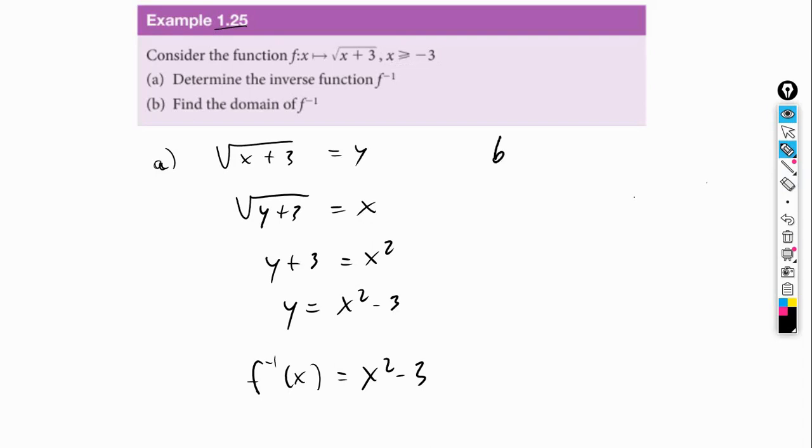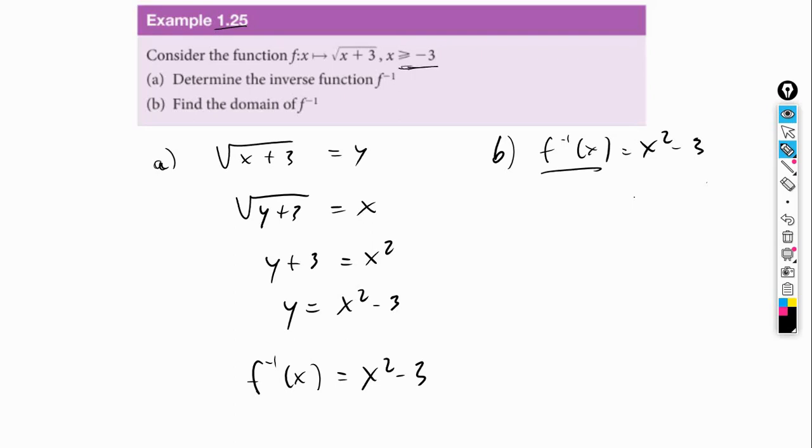Okay, for part B, they want us to find the domain of the inverse. So if you look at the inverse, it is x squared minus 3. We might be tempted to say that the domain of this is R, but that would be false. The domain of this would be the range of f of x. So what's the range of f of x?